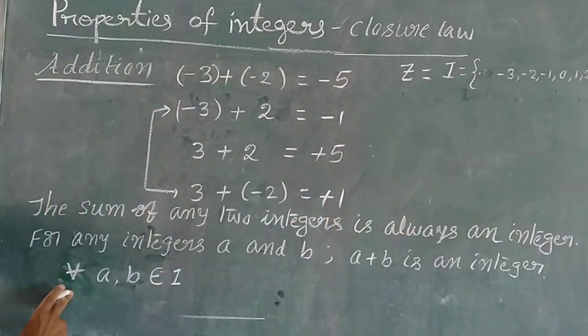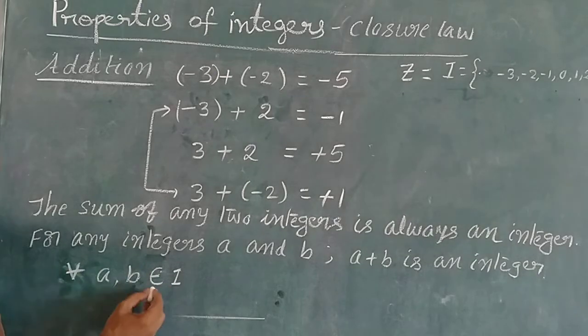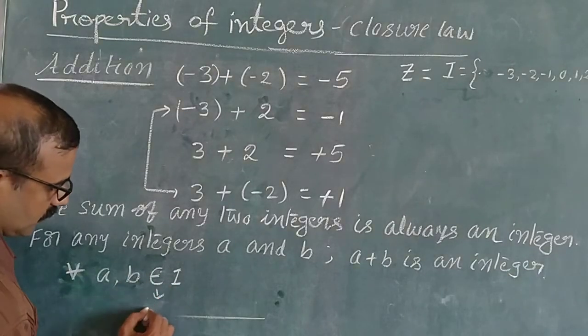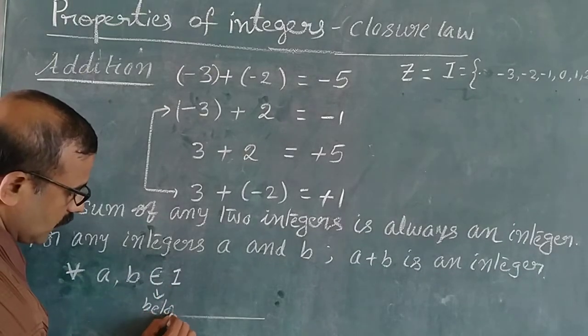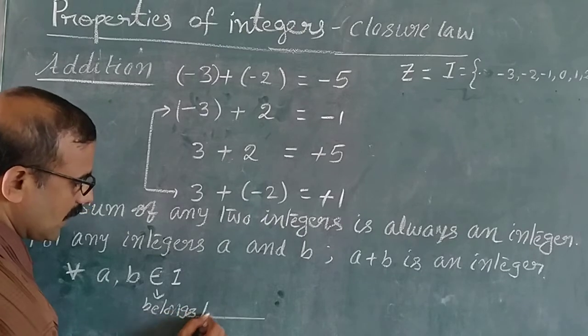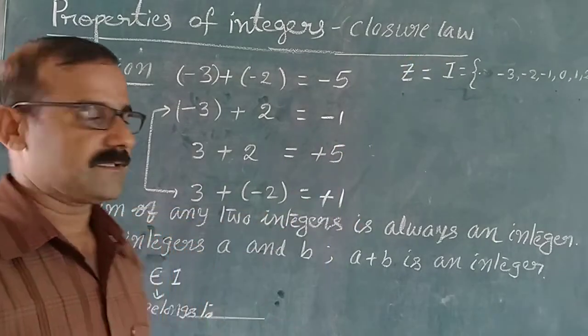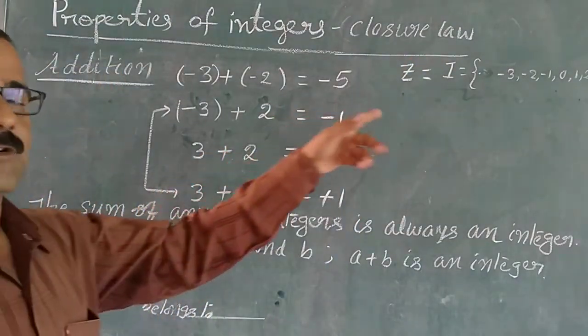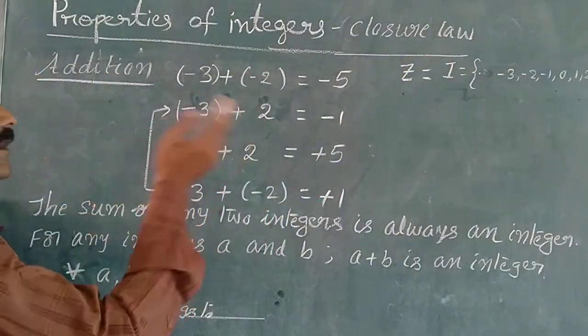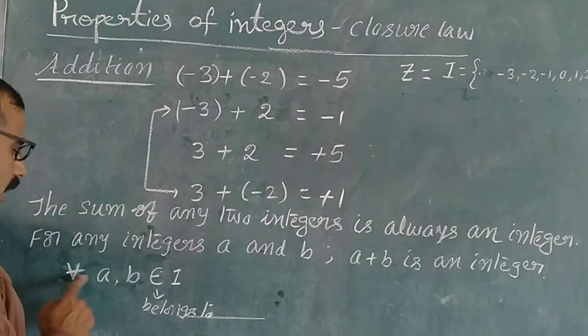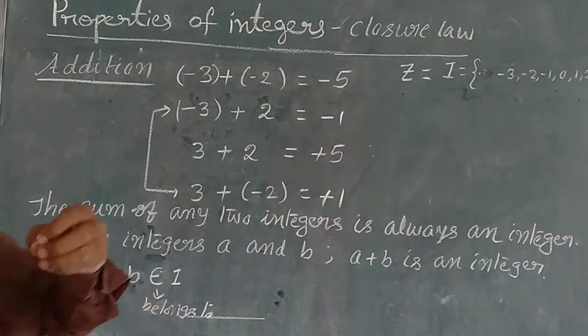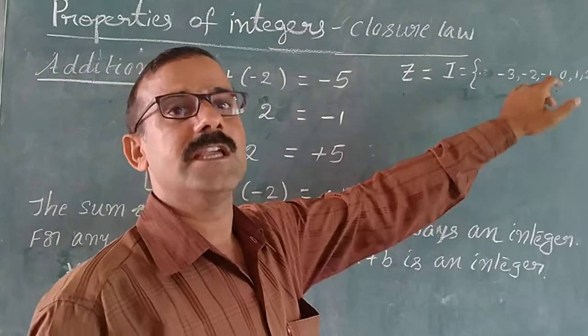So for all a, b belongs to I. This is the symbol for what? Belongs to. What is the meaning of belongs to? The elements are in the set of integers. So a is in the set of integers, b is also in the set of integers. For all means you take any integer from the set of integers.